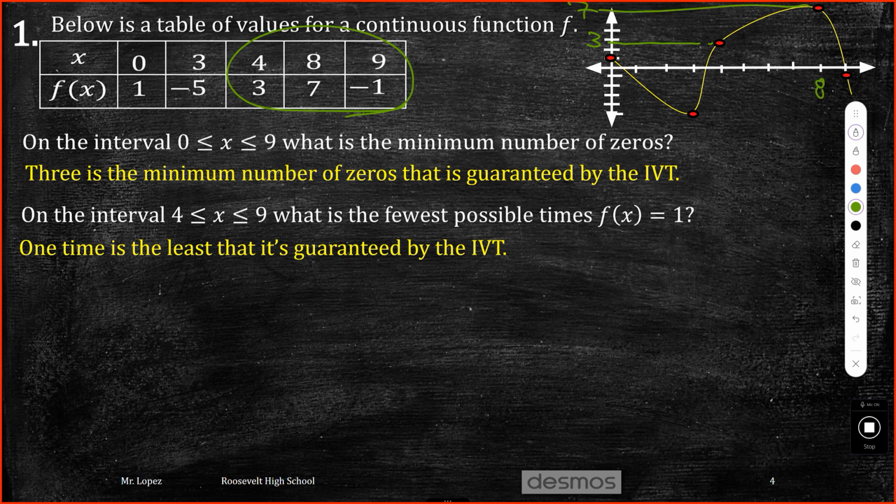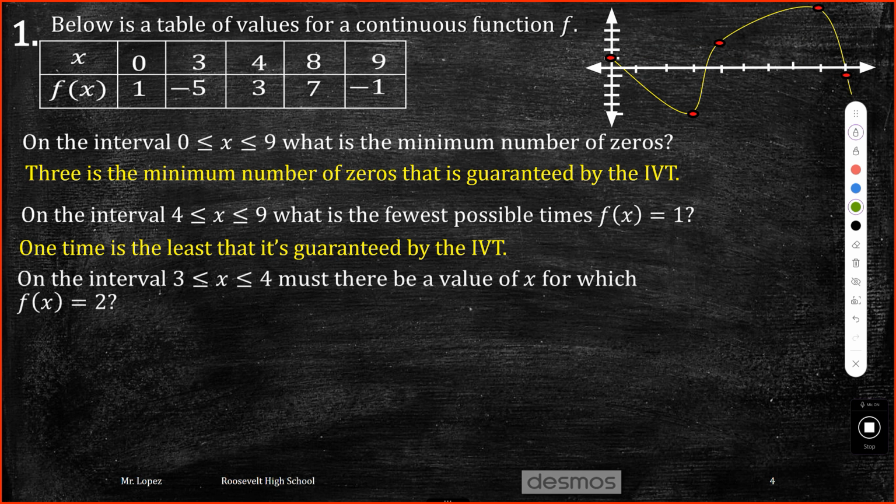And you got 9 is negative 1. So we're looking at this is 3 and this is negative 1. So 1 is correct, because that's the only time that it could have crossed 1. So you got to be very careful in looking at all the numbers correctly.